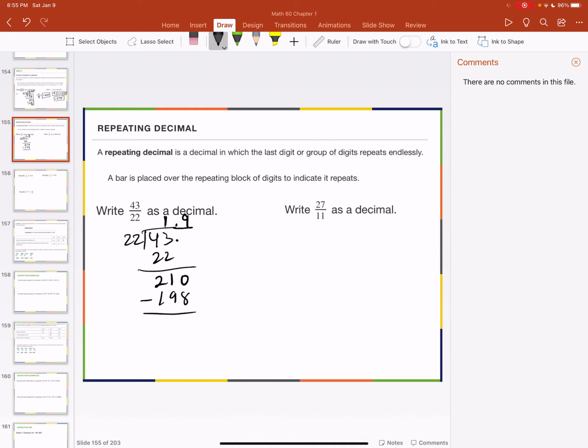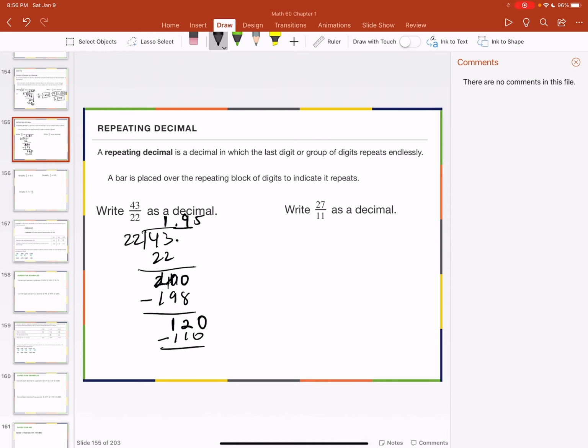Subtract, and this is going to be 2, and then this is a 0, right? And then we borrow 1, and this is 10, so this is 12. So we add another 0. How many times does 22 go into 120? It's about 5 times. 22 times 5 is 110. So 5, 110.